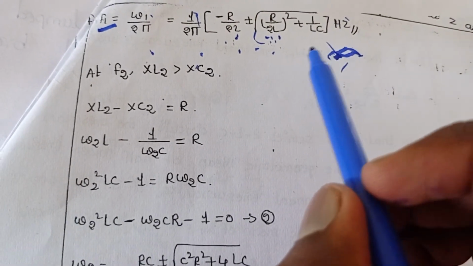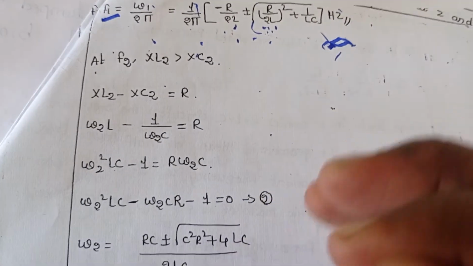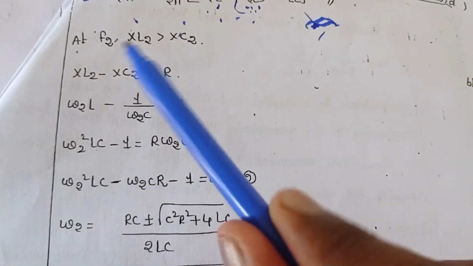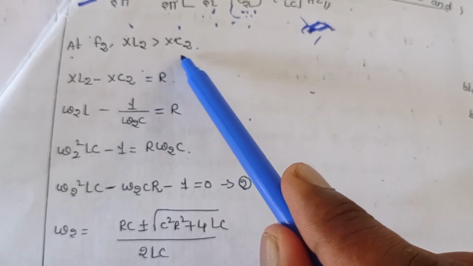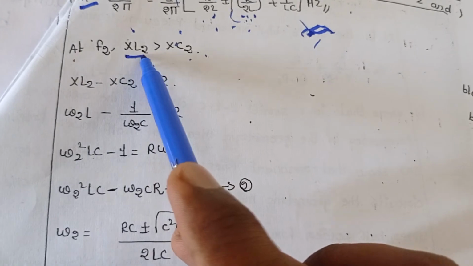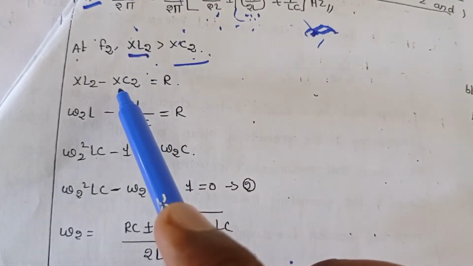Now we need to find the upper half power frequency, that is f2. Here assume XL2 is greater than XC2. XL2 is the inductive reactance, XC2 is the capacitive reactance.